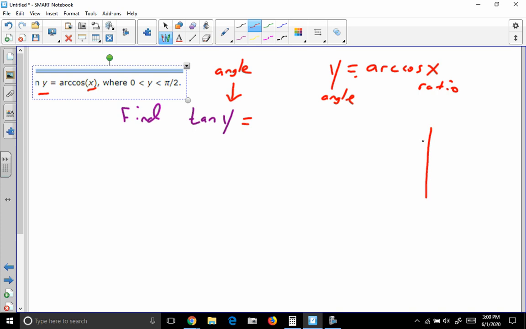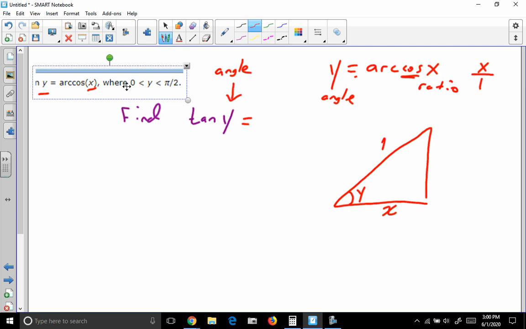So there exists some triangle. Notice they say y is between 0 and pi over 2, also 90 degrees. So there's some triangle that has an angle that we call y, and the ratio of cosine is x, which, written as a fraction, is x over 1. So cosine is adjacent over hypotenuse. So in terms of cosine, the adjacent side is x, the hypotenuse is 1.